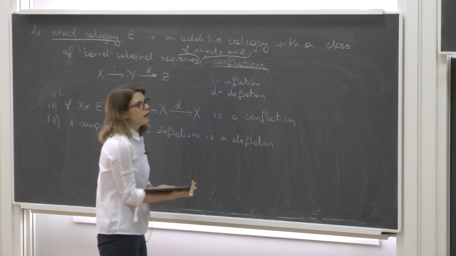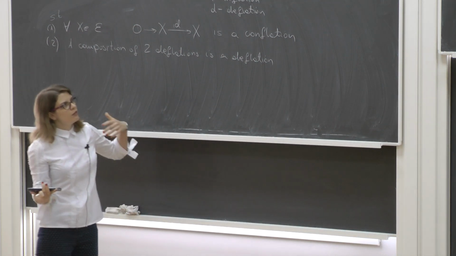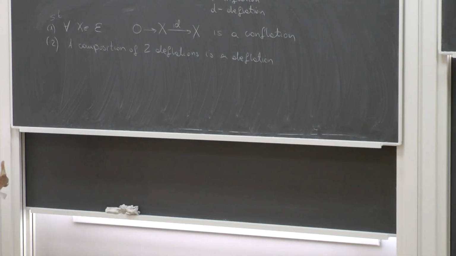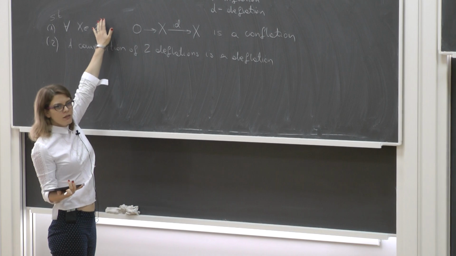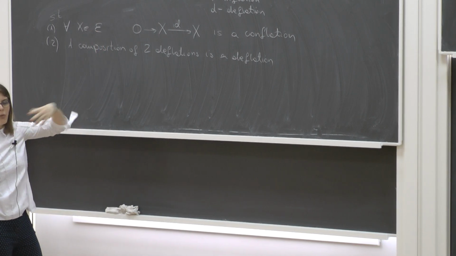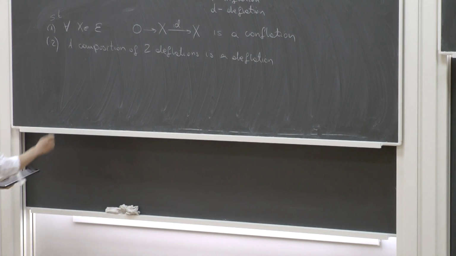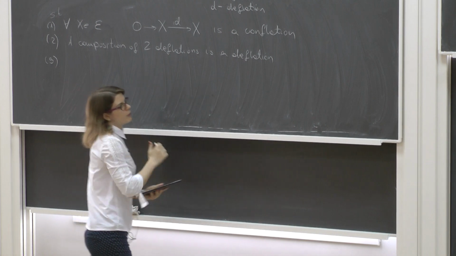And then the last two axioms tell you that you can do what you are very well used to doing in abelian categories, meaning you can compose. So you can think of it as Ext^1, and you can compose Ext^1 with morphisms in your category. So to be precise, maybe let me draw it here.